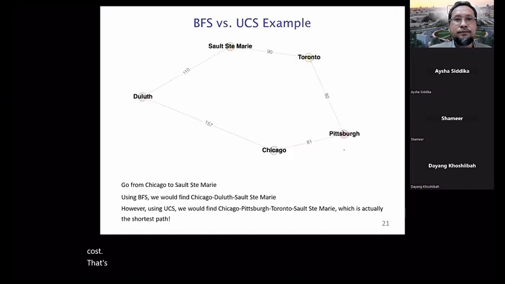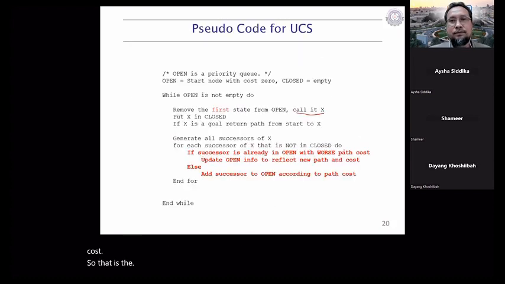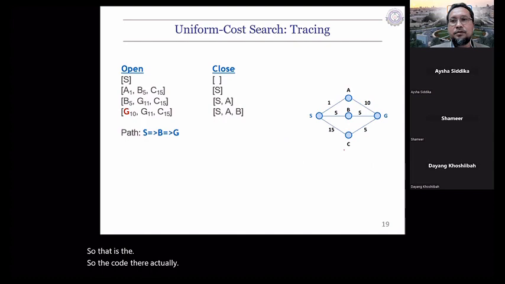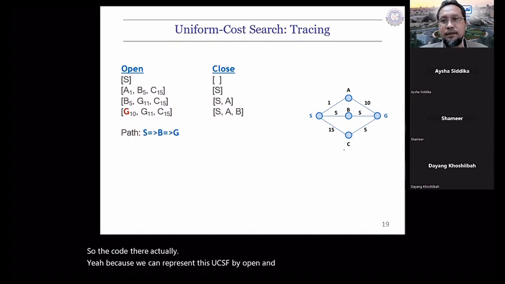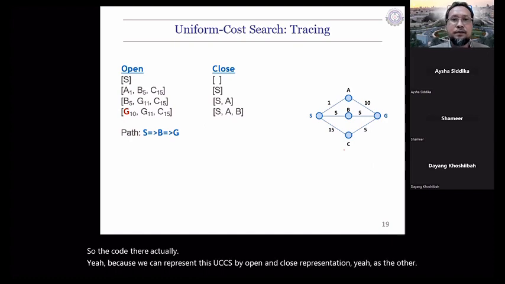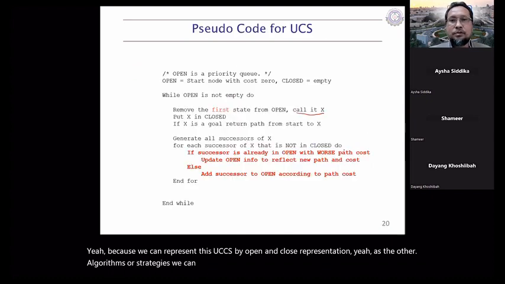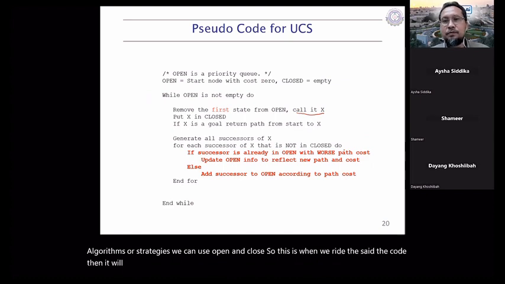So that is the code. Actually, we can represent this UCS by open and closed representation, as with the other algorithms or strategies. So when we write the pseudocode, it will be more appropriate if we use open and closed.